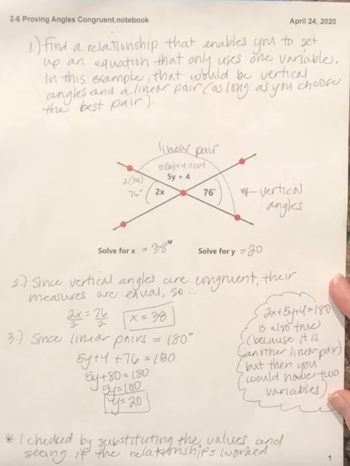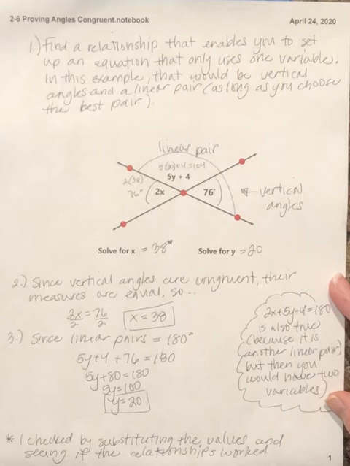The key is I might have a lot of relationships to choose from, so I have to choose a relationship that enables me to set up an equation that only uses one variable. I could do a linear system, which we threw in a little bit of practice for since it does kind of technically go with a section, but really I probably don't always have to, at least in the examples that we're going to be doing.